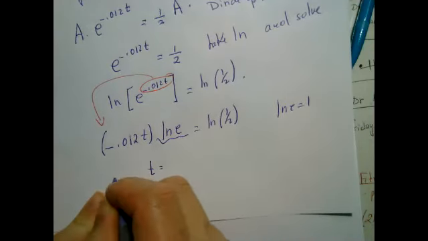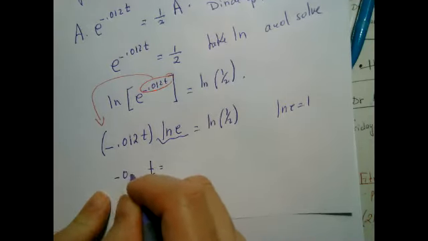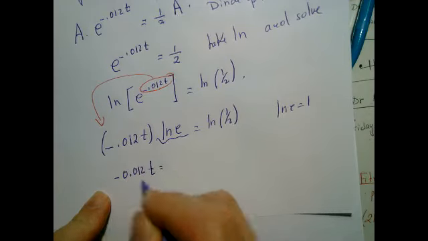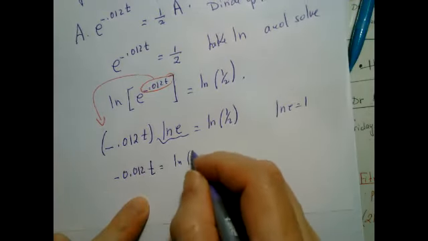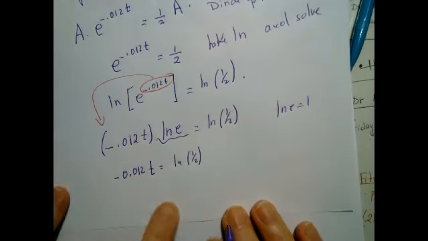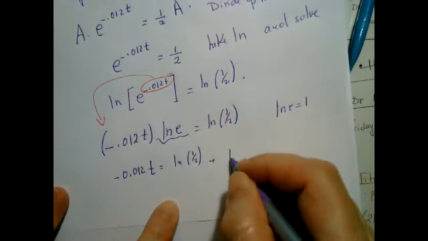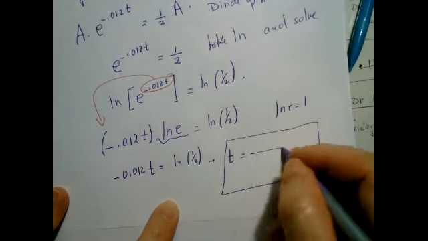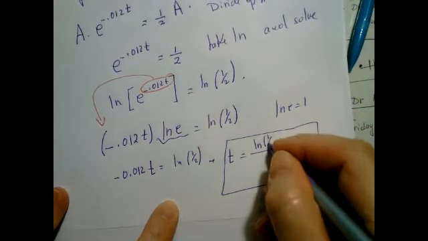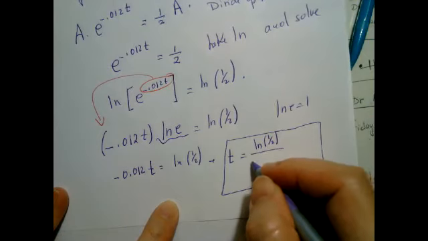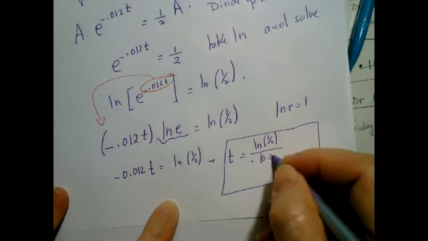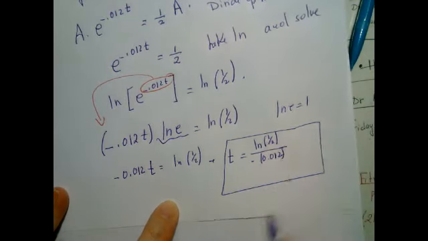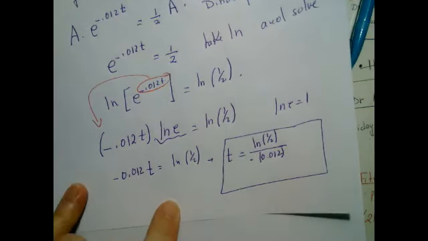So I will have minus 0.012t equal ln of a half, and this will give me my t, which is ln of 1/2 divided, and there is a minus in here, 0.012.